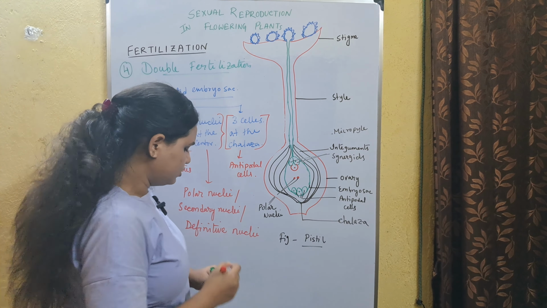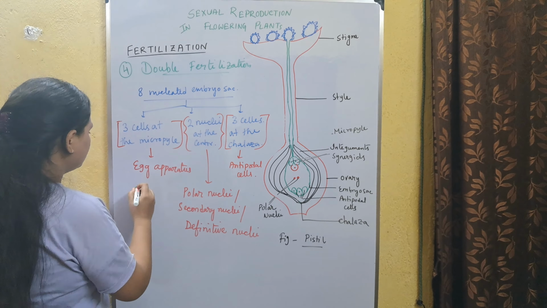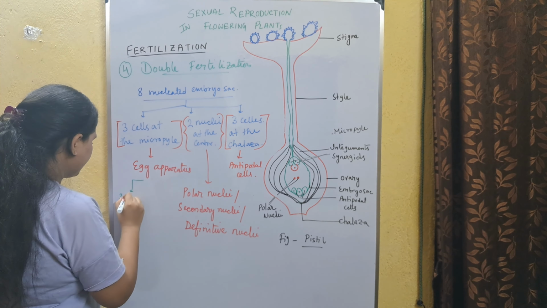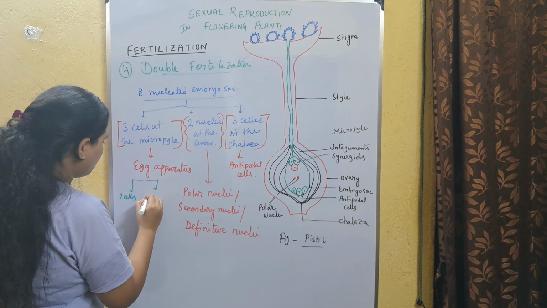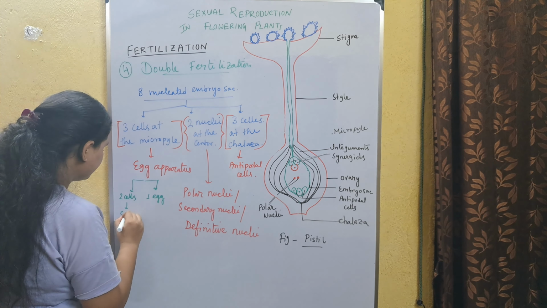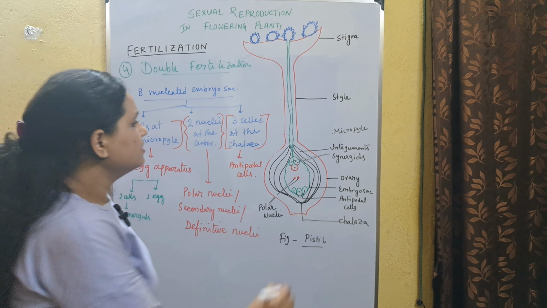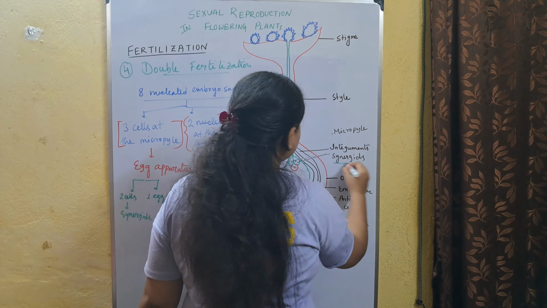Let's understand their function. Here, this egg apparatus contains two cells and one egg. These cells are known as synergids. As you can see in the diagram, these two are synergids.